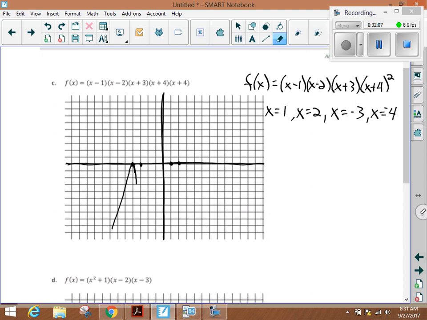I'm going to have to make that a little more drastic. Darn it, I erased too much, but that's okay. Here we go. Comes back up. And then it goes super, super positive. So possibly much higher than that, probably.